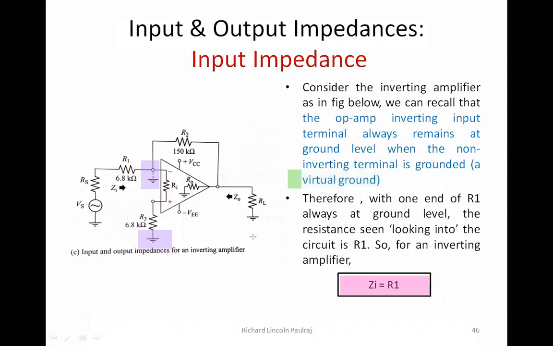Whatever voltage is at one point, let us say the non-inverting side, the inverting terminal also will try to maintain the same level. Since it is connected to the ground here, here also it gets virtually grounded. So this concept is called the virtual ground concept. Is that clear?